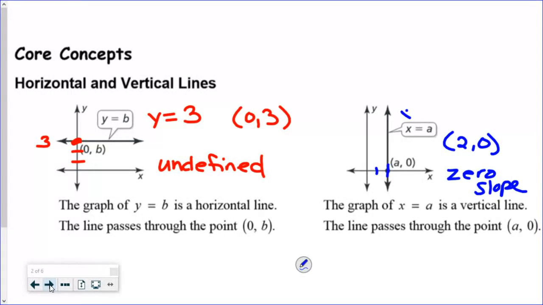And this would be like the equation x equals 2 because for whatever purposes, I think that's at 2. But usually there'll be numbers on that. So a vertical line has undefined slope and only an x-intercept. A horizontal line is zero slope and only a y-intercept because of where your x's and y's are placed.